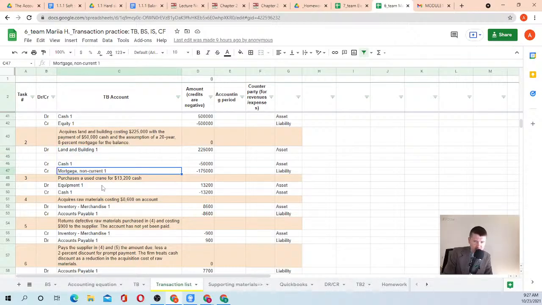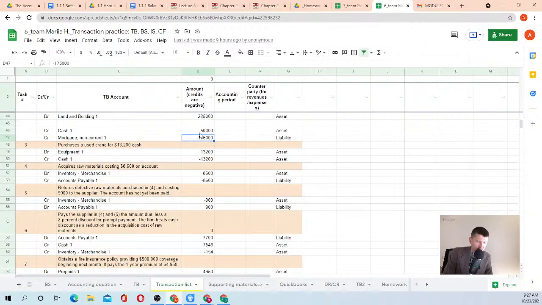I will not talk much about details again because we have just done so. That's an asset, increase in asset is by debit. Cash is an asset, decrease in cash is by credit. Mortgage is a liability, increase in liability is by credit. So negative amounts are kind of credits. That's another convention which I use here. One is to just do debits and credits by the same numbers, not negative.